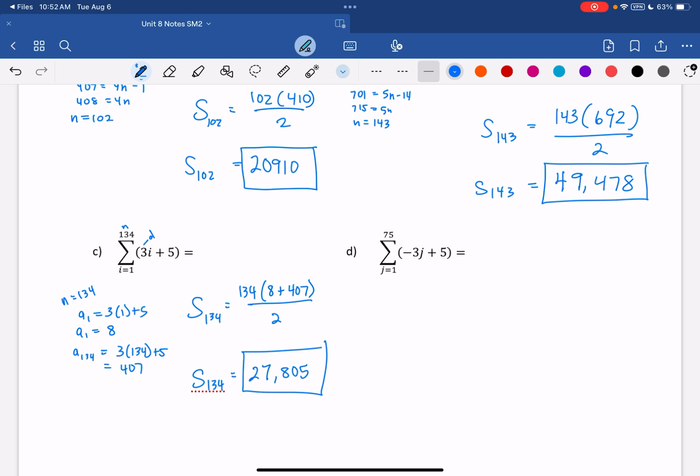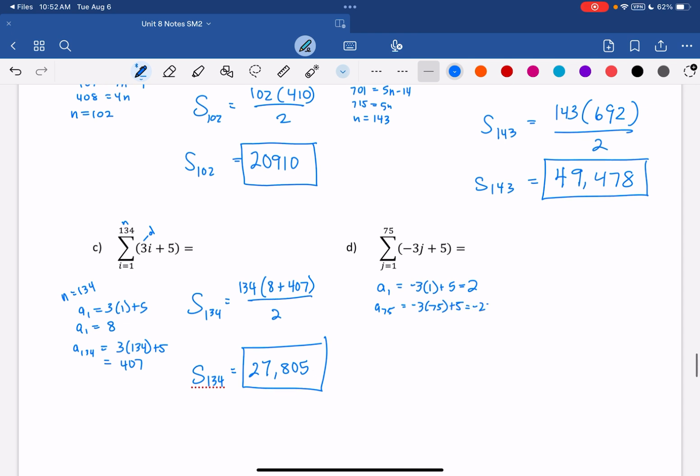Okay. So here, a sub 1 would be -3 times 1 plus 5, which is 2. A sub 75 would be -3 times 75 plus 5. So that would be -220.